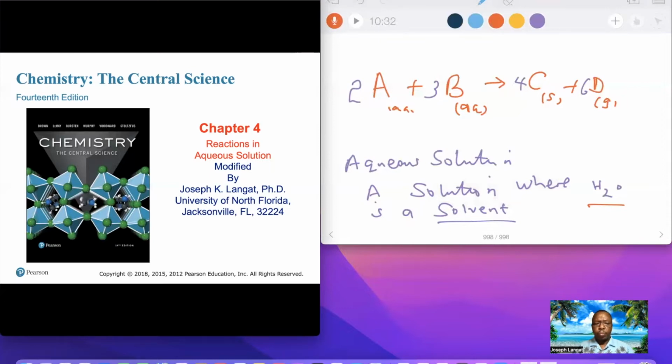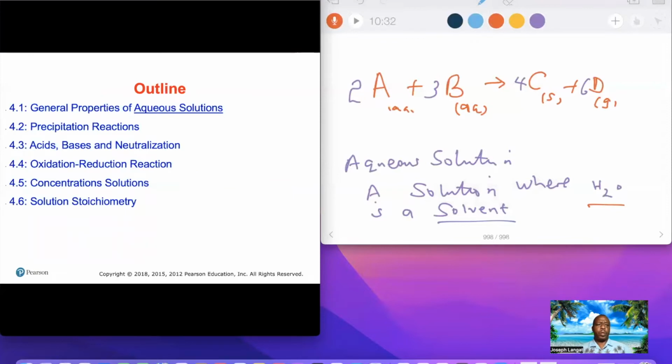Now, this is the roadmap for chapter 4: general properties of aqueous solution, which I've explained. We look at the precipitation reaction. Some reactions form solids. When you mix A and B and a solid falls out of the solution, we call those precipitation reactions.